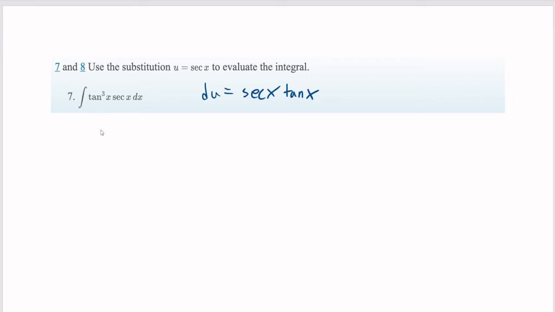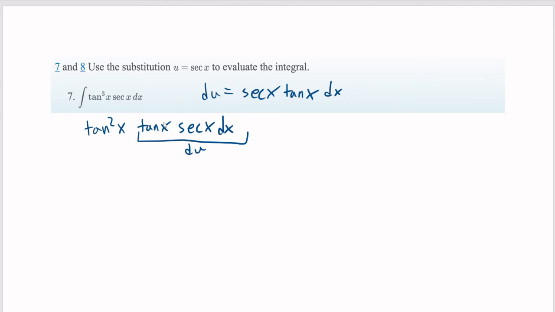So let's just reassess. Okay, if I just do this, tan secant, right? Then look, I do have du. This whole thing could become du in this substitution. Awesome. But looking over here, this isn't secant, so I can't actually turn it into u's using this.